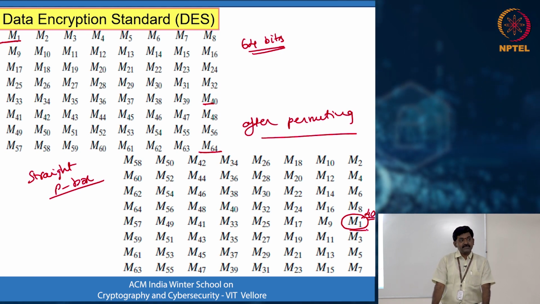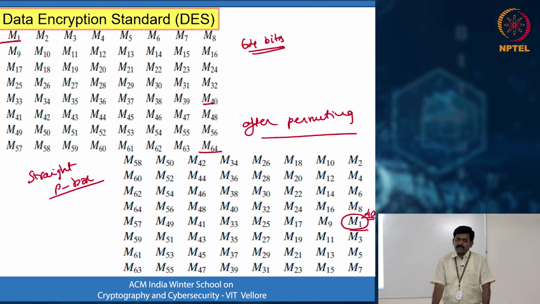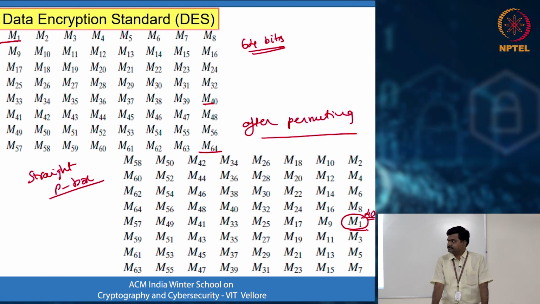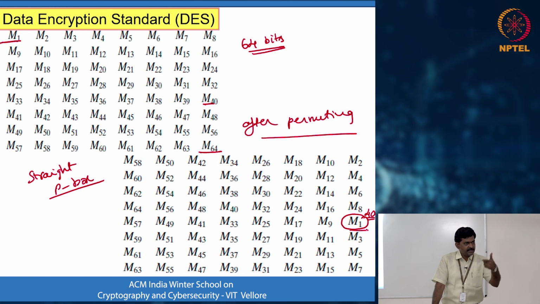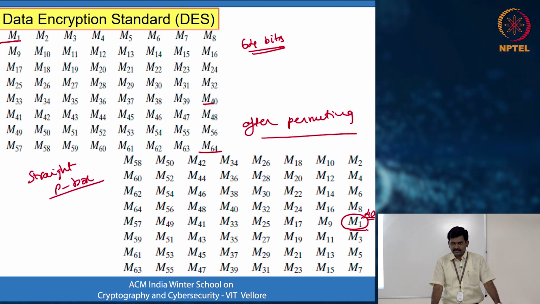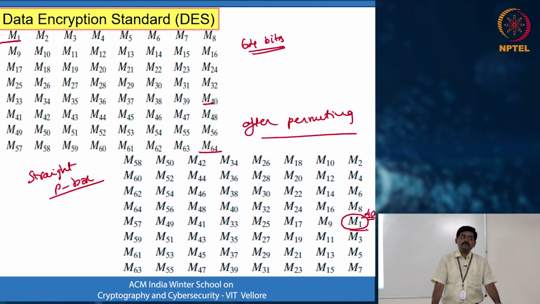When you do the inverse permutation, how does the inverse permutation table look? You need to do the inverse permutation after 16 rounds. When you do it, what would be the first bit?